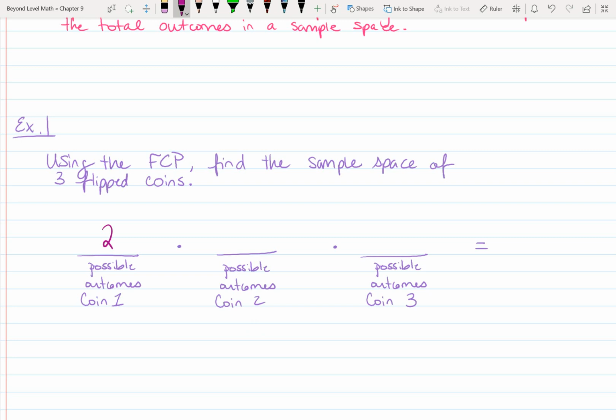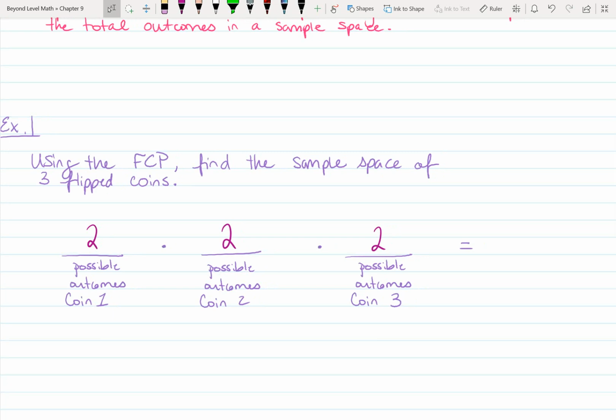For the second coin, how many possible outcomes? 2, heads or tails. And for the third coin, 2 possible outcomes, heads or tails. You multiply each of those possible outcomes to get the total sample space. So 2 times 2 is 4, times 2 is 8. And that's your final answer.